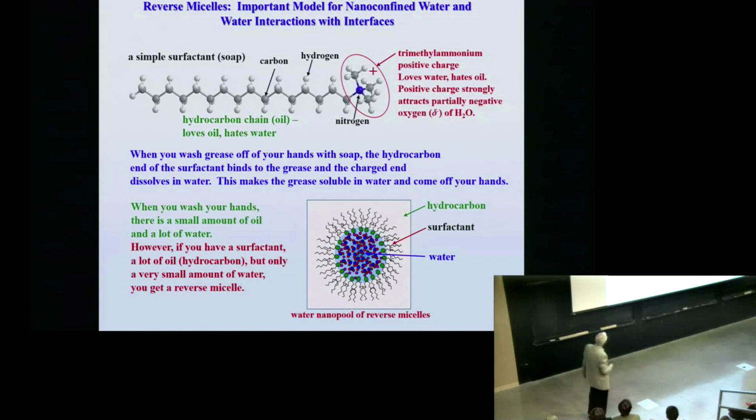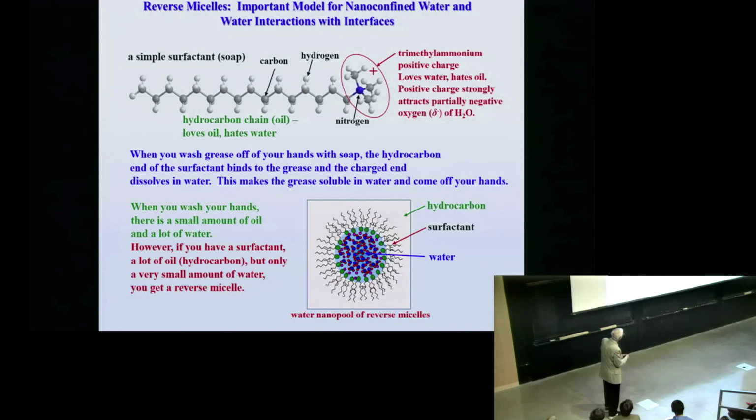Okay. When you wash your hands, there's a small amount of oil and a lot of water. We can make a reverse micelle, which allows us to make little balls of water by sort of reversing this. If you have lots of oil and only a tiny bit of water, the oil part of the soap-like molecule wants to be in the oil.